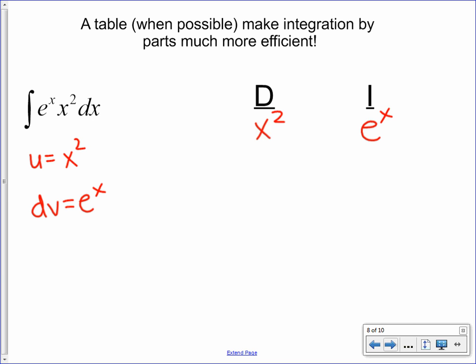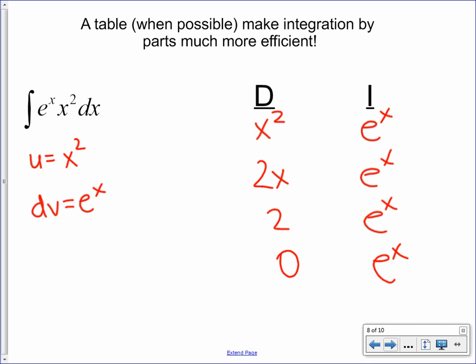Okay, so when you have this table set up, whatever you put in your D column, you're going to take a derivative until you get 0. Over here, we're going to take the integral that many times. Now remember how we subtract v du in our integration by parts?